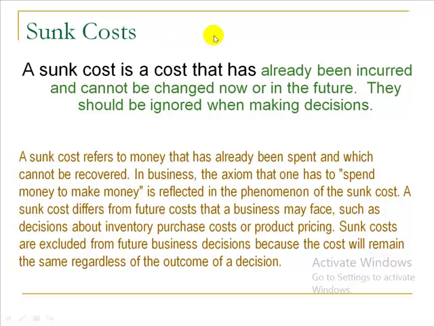It means the cost which you have incurred, you cannot roll back your decision, and you cannot change it now or in the future. This kind of cost is called sunk cost.